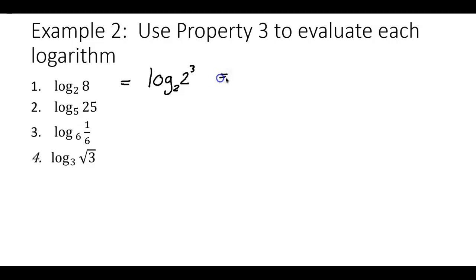But now, as you guys can see, because of property 3, I'll put P3. When these match, the answer is just what the power is, so the answer is 3. So that's how we're going to be handling these. You're going to rewrite that number, and then you're going to use property 3 to get the answer. All right?